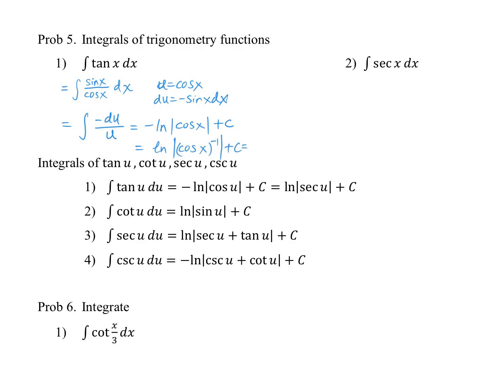And this is 1 over cosine x, which is secant x. So ln absolute value of secant x plus c. Therefore, we actually have 2 versions for this one. So the antiderivative of tangent u is negative ln absolute value of cosine u plus c, or ln absolute value of secant u plus c.